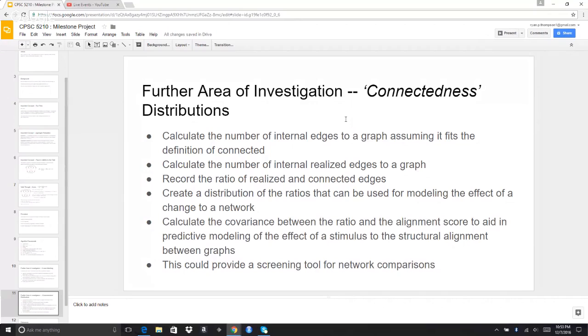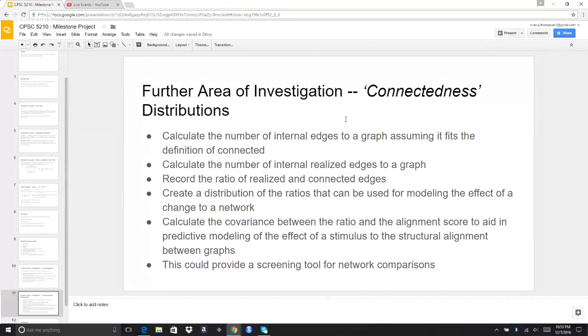So you're really evaluating the response of the stimulus between the graphs, and then you're also evaluating the graph itself to other graphs. So see how that change is applied.